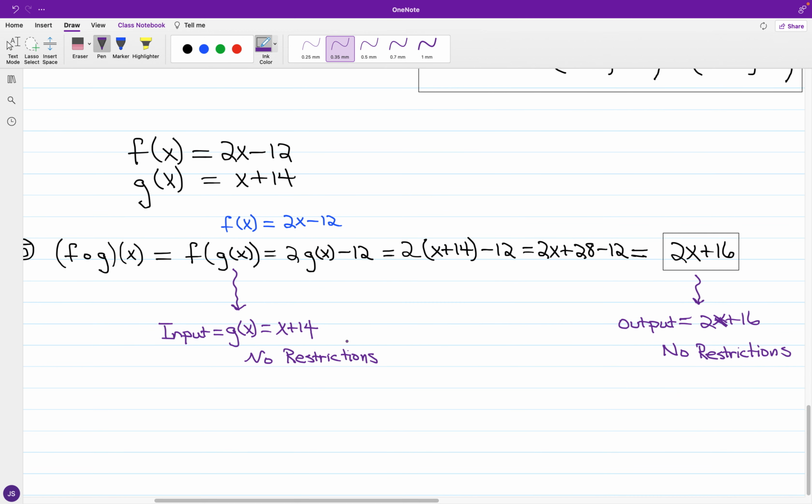So between the input and the output, we have no restrictions at all. So for the domain of the composition where f is composed with g of x, we have the set of all real numbers.